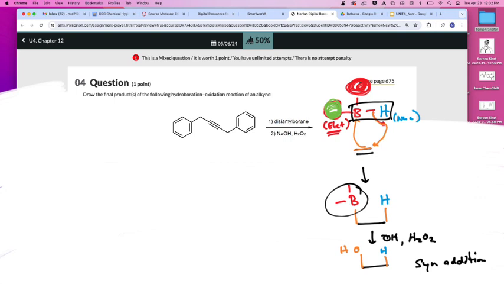Cool, which is nice because then I don't need as much of the reagent to go through and do the chemistry. That's neat. So what could the green dot and the red dot do? Well, if that red dot was something really, really big, and the green dot was something really, really big, how would that change the chemistry of the boron hydrogen? Or would it not change it at all?